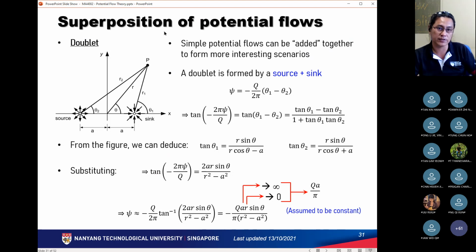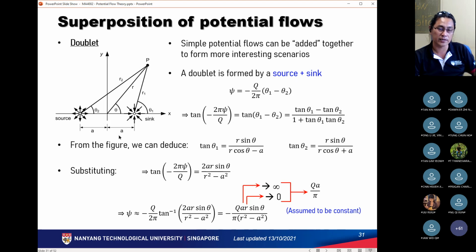A doublet, as you can see from the figure here, can be formed by adding a source on the left-hand side of the y-axis with a sink on the right-hand side of the y-axis. They are located in such a way that their distance from the origin is the same. So the source is located at distance A from the origin.